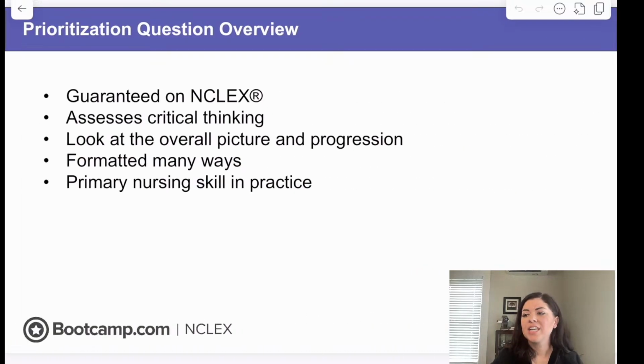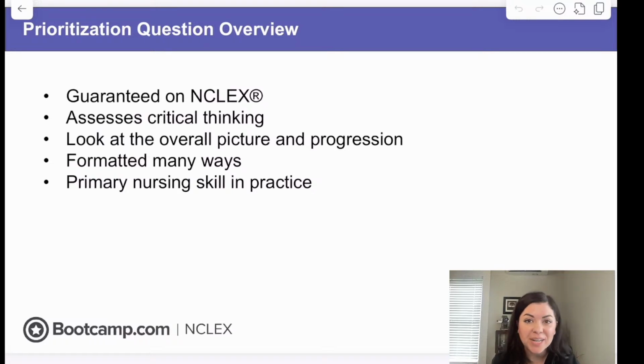Okay. So the reason that we are talking about prioritization today, and the reason it is such an important topic, is you are guaranteed to see prioritization items on NCLEX. We all know by now that the NCLEX is a safety exam. So one of the best ways they can determine if you are a safe nurse is to assess your critical thinking.